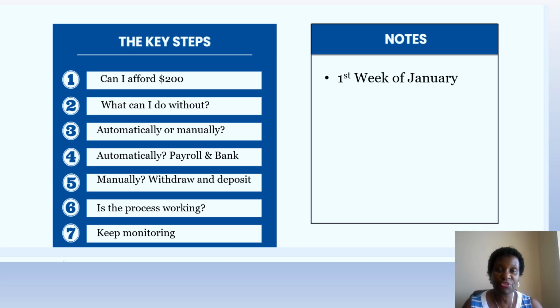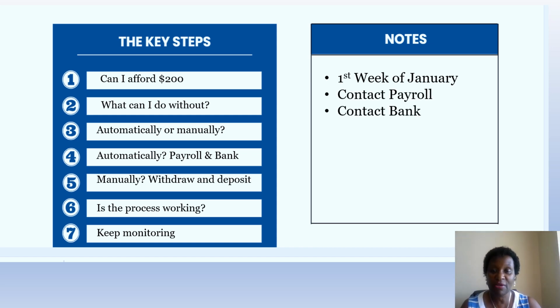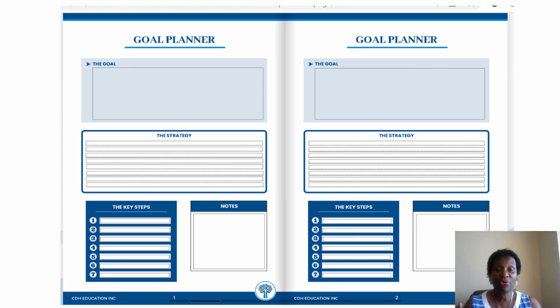Finally, in the notes, you're going to write yourself a note. The first week of January, you're going to contact payroll, you're going to contact your bank, you're going to set up the processes. So now you are ready to go ahead and use this planner. It includes 52 weeks worth of pages that you can use to plan.